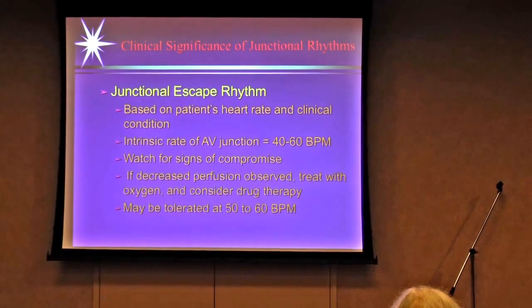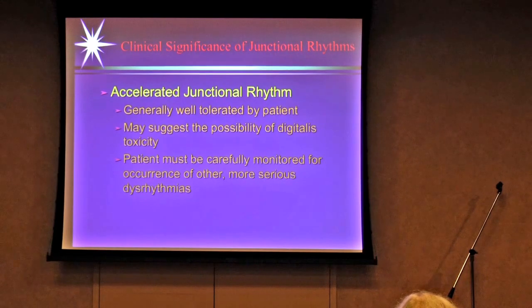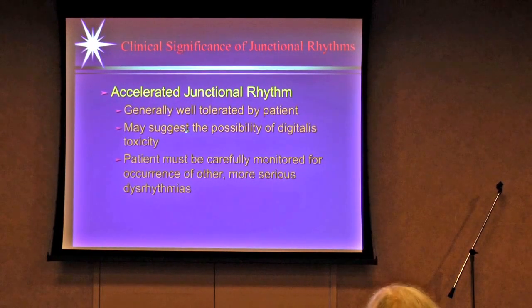So we're just concerned, why did that happen? It's a matter of how the patient's tolerating it. Most of the time they tolerate it fine. If the heart rate is below 50, 40 to 50, they may not tolerate it. Accelerated junctional rhythm, usually there the heart rate is in the normal range, 60 to 100, so they usually tolerate this fine. No big deal there.